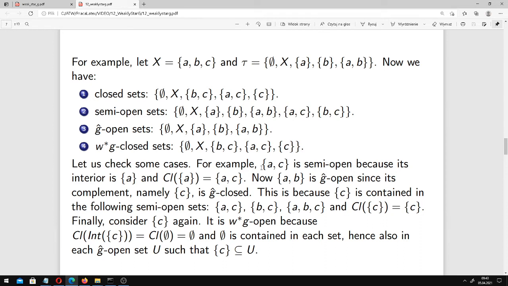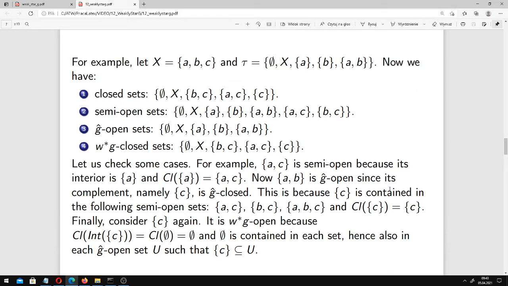For example, this subcollection {A, C} is semi-open because its interior is {A}, the greatest open set contained in {A, C}, and the closure of its interior, the closure of singleton of A, is {A, C}. Now {A, B} is hat G open, since its complement, namely singleton of C, is hat G closed.